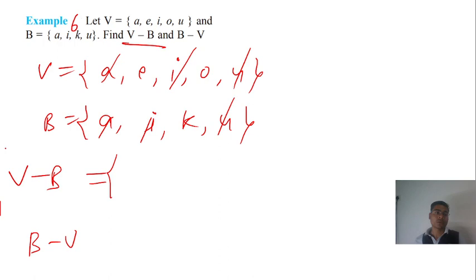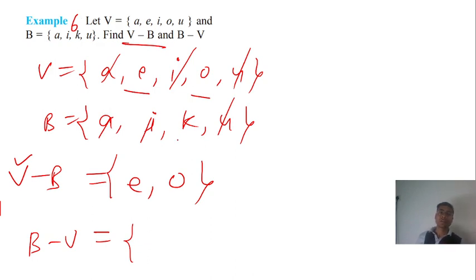For finding V minus B, we will write all the elements that are left inside V. The elements left are E and O. So E and O is the V difference B. And what is the B difference V? We will write all the elements left in set B after removing the common elements of V and B. There is only one element left in set B, that is K. So we will write K as B difference V. So we did both questions that example number 6 is asking.